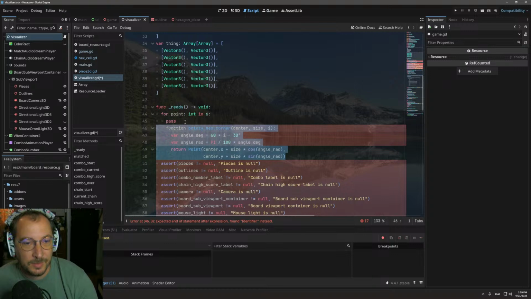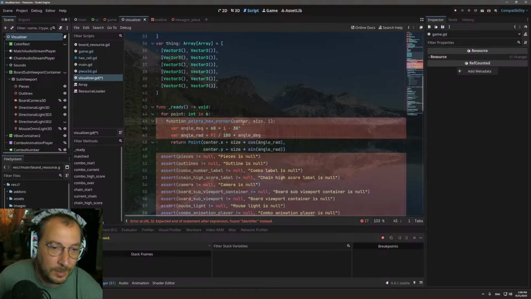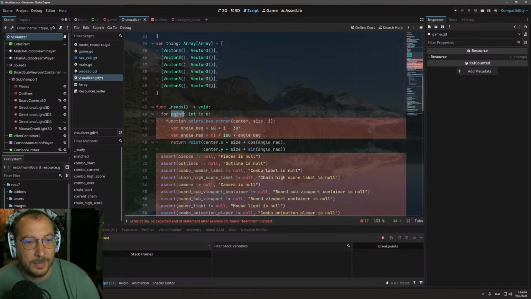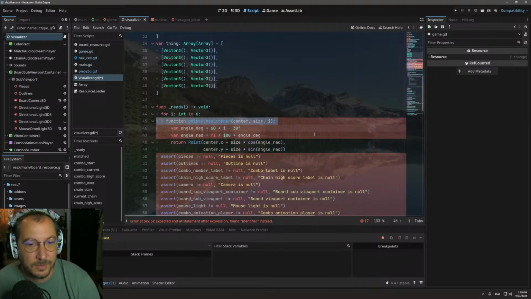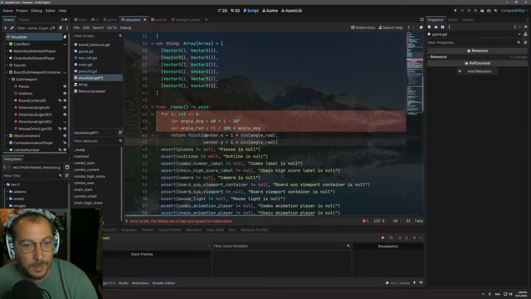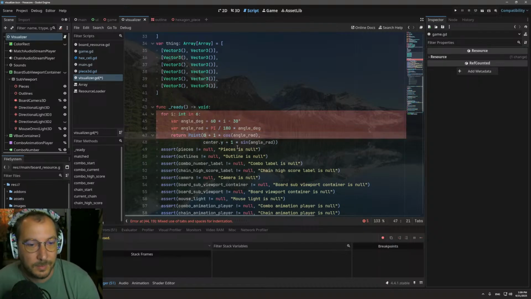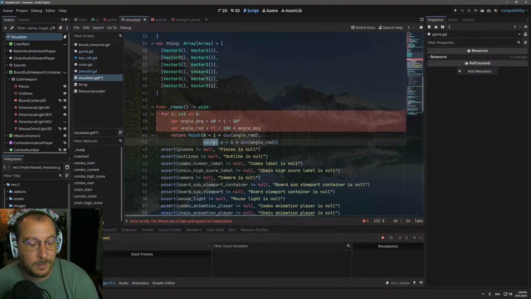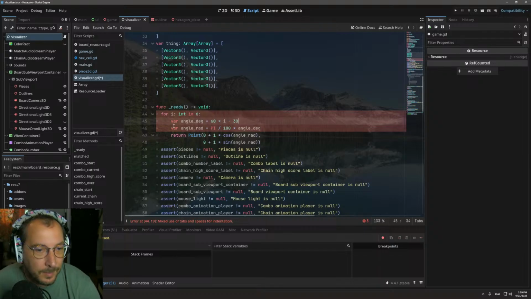Okay. Then we're going to take this pseudocode here. Center, size, I. So this is I. And then we have center and size. Size is 1, and center is 0, 0. Let's bring this in.